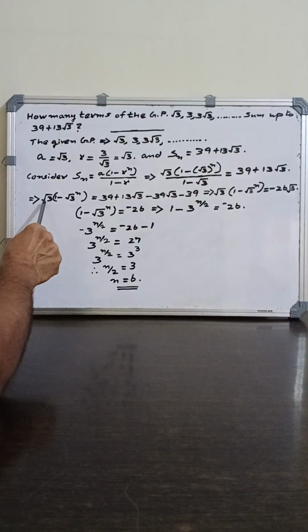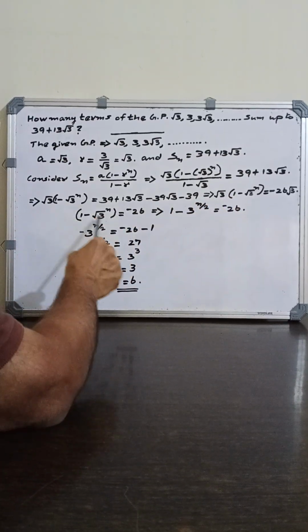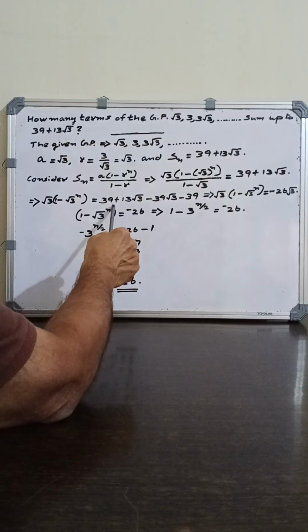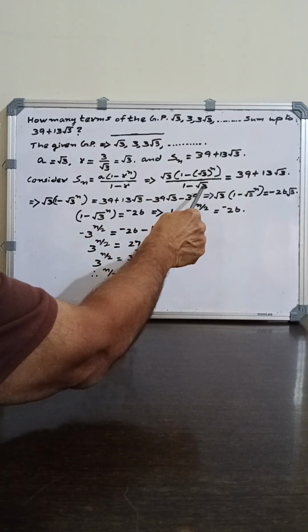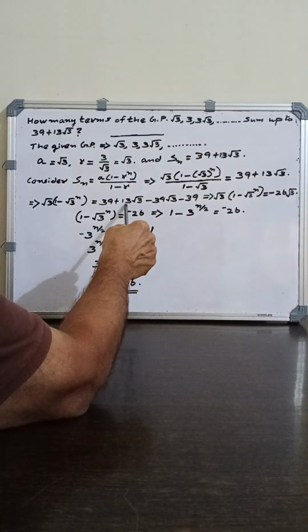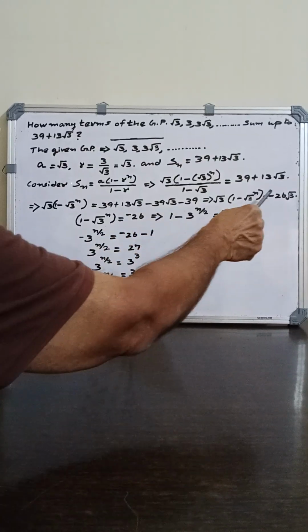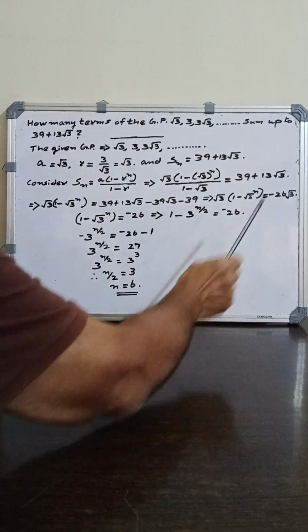Hence, root 3 into 1 minus root 3 raised to n, that is the LHS, equals plus 39 and minus 39 cancel. Therefore, plus 13 root 3 minus 39 root 3 gives minus 26 root 3.